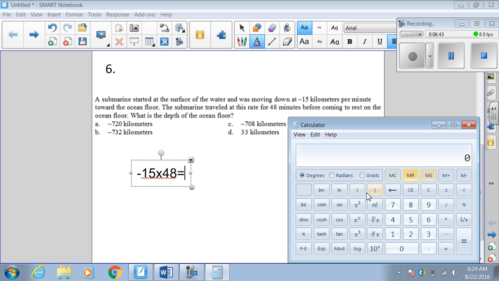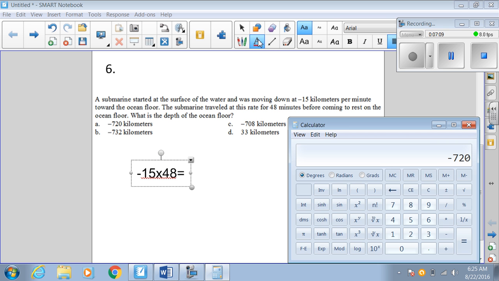Negative 15 times 48 gives us negative 720.